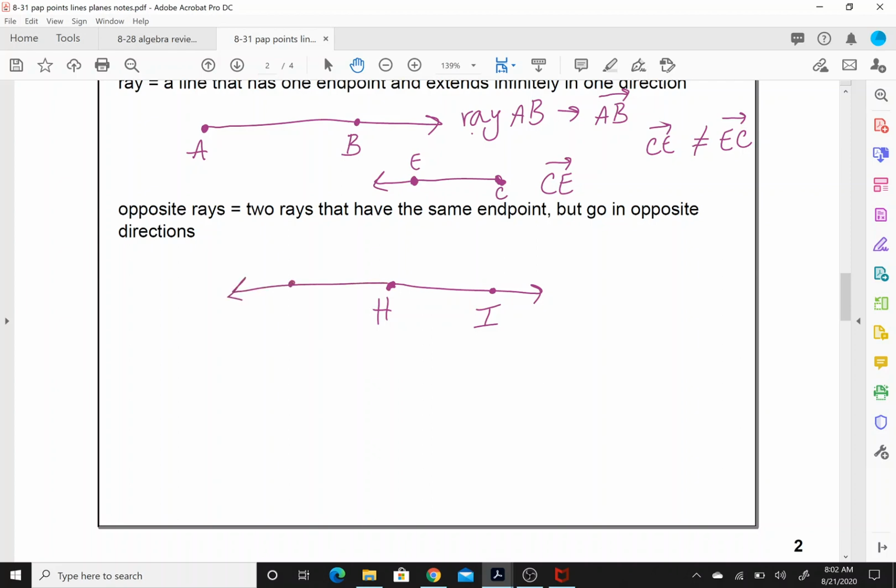So J. So ray HI and ray HJ are opposite rays. Key thing is that they start at the same endpoint for opposite rays.